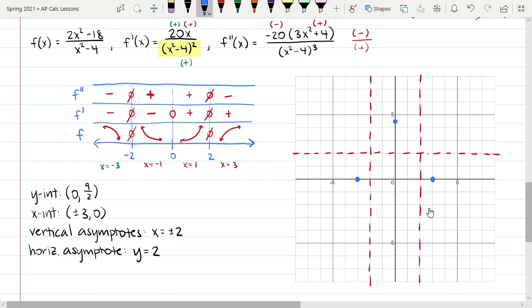Now, here's where we have the puzzle pieces. We know that from negative infinity to negative 2, our graph has to have this shape here. It has to have this downward, decreasing, concave downward shape. So I need to take that shape and move it into this graph. Well, remember, a horizontal asymptote does tell us what has to eventually happen on the far ends of the graph, which means I have to either start right above it or right below it.